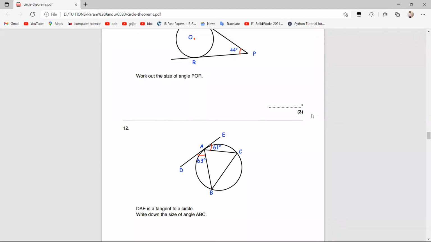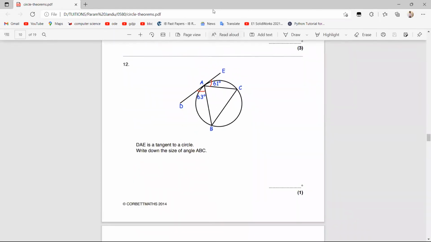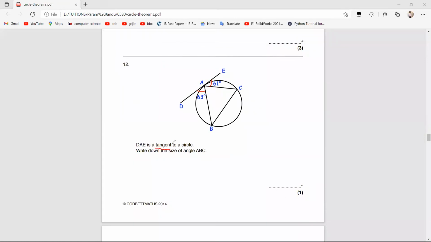So number 12, they want angle ABC, and you've been reminded that DAE is a tangent. DAE is a tangent and they want angle ABC. They want this angle.